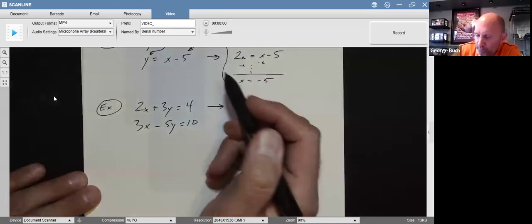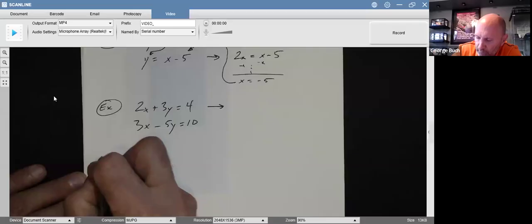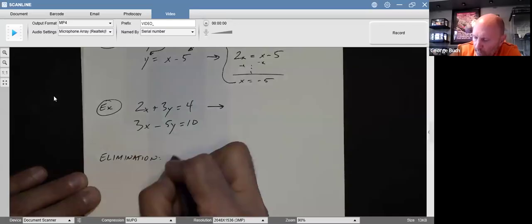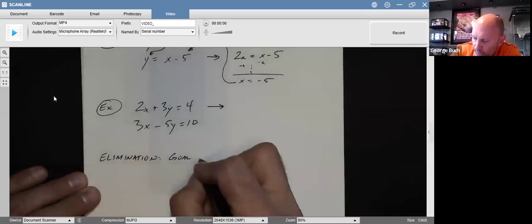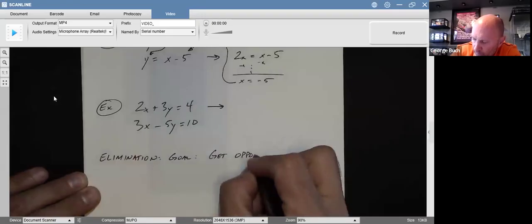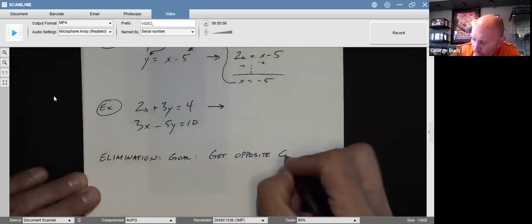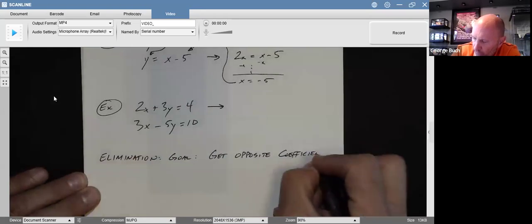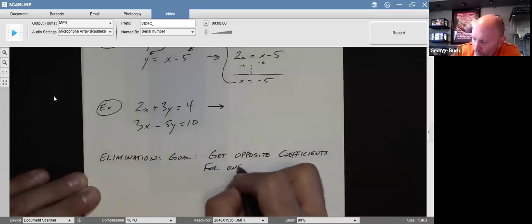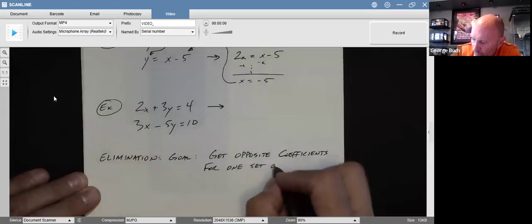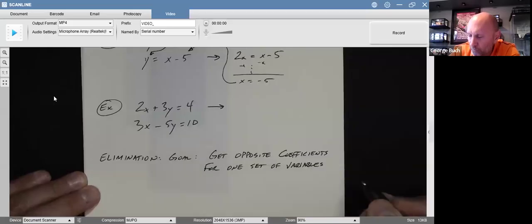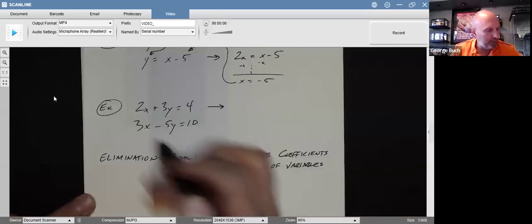With the elimination method, my goal is to get opposite coefficients for one set of variables. And so let's just look at this x variable here.